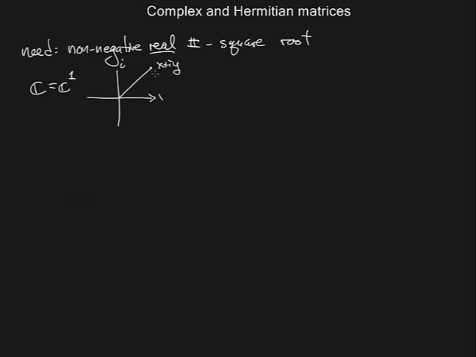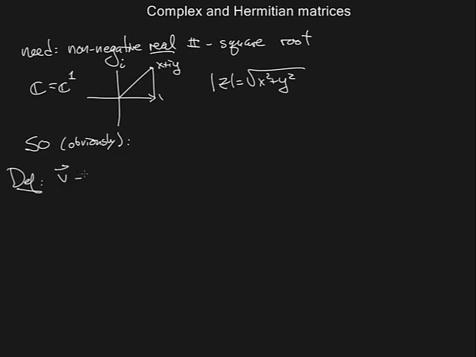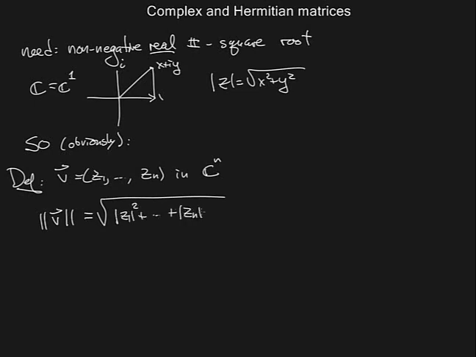We plotted it like this, and we defined the absolute value of a complex number to be the square root of x squared plus y squared. Well, if you take the length of a vector, it's a generalization of this. This is a 1-vector. So to generalize this to an n-vector, it's clear what to do. If v is z1 through zn, then the length of v had better be the square root of the absolute value of z1 squared up to the absolute value of zn squared.